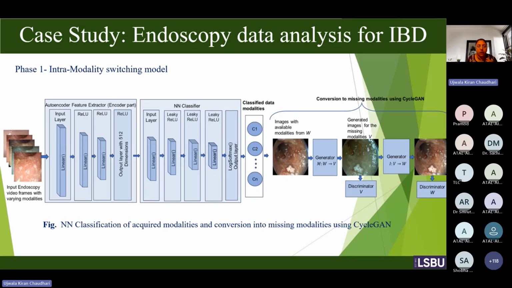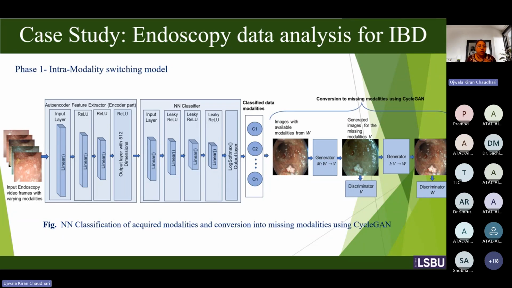Some focus on texture, some on the inflammations that are there, highlighting different kinds of inflammation, or some try to identify tumors or bulbs in the video. So each one comes up with a different set of characteristics.